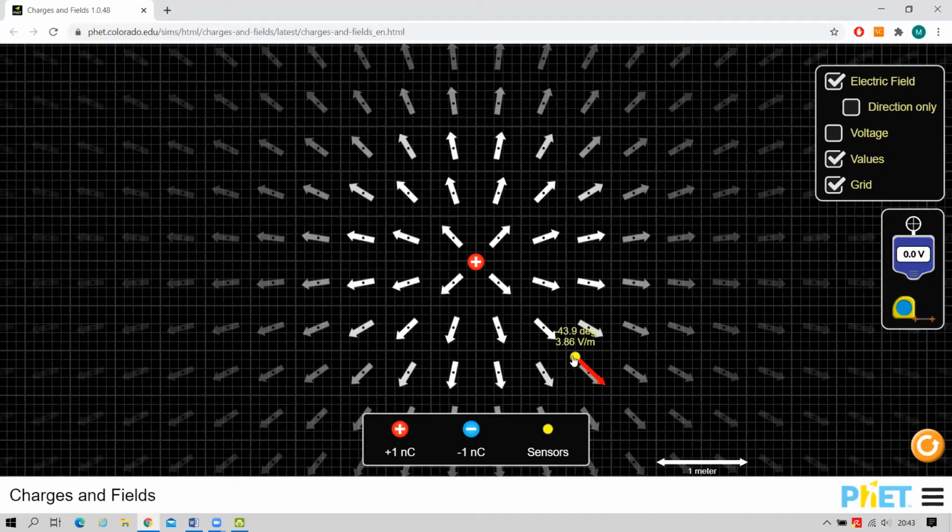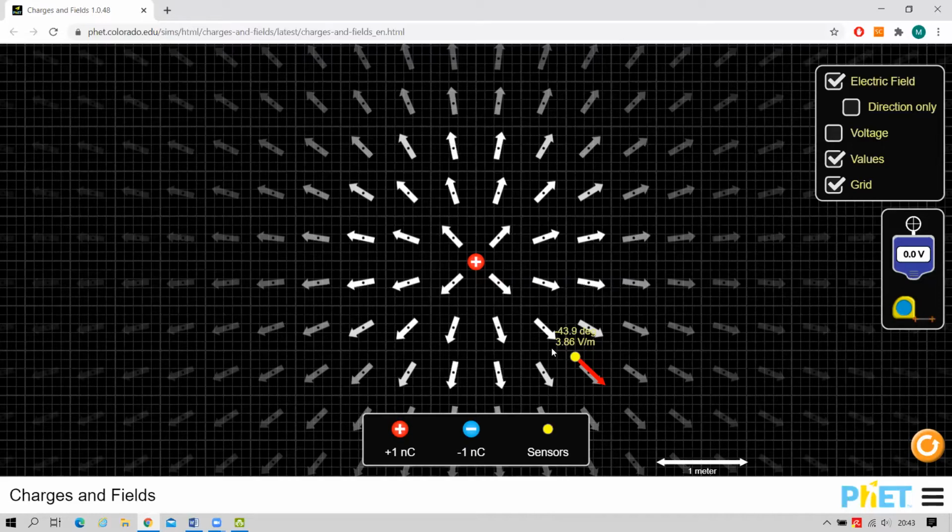If I put a sensor over here, the electric field vector is shown as a red-yellow line, and it also reads the values over here.